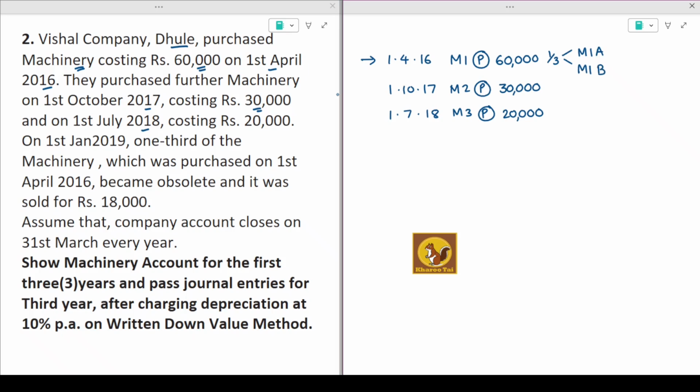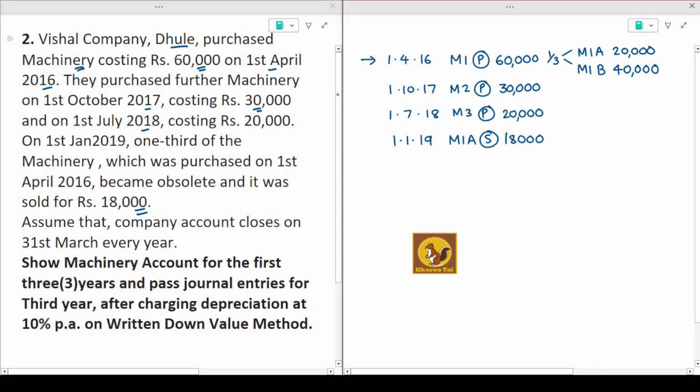A will be 1/3. 1/3 of 60,000 is 20,000 and the remaining amount is 40,000. So the machinery of 20,000 was sold on 1st Jan 2019, right? So we will write M1A and here sale, and it was sold for 18,000.